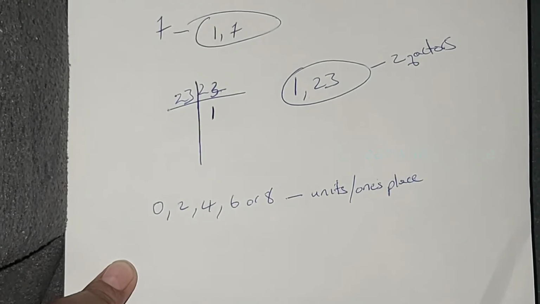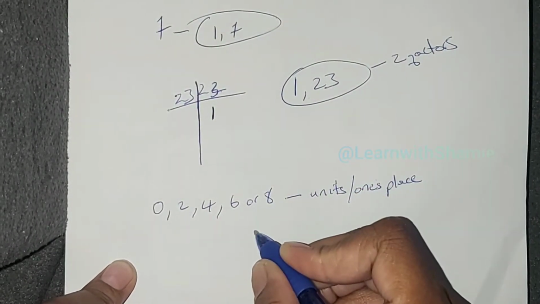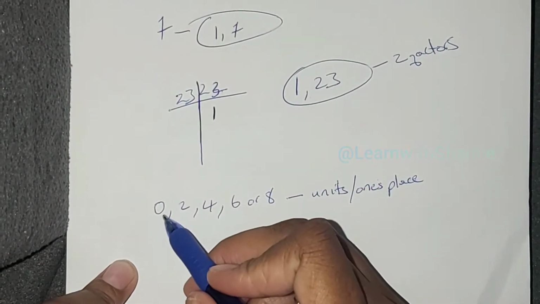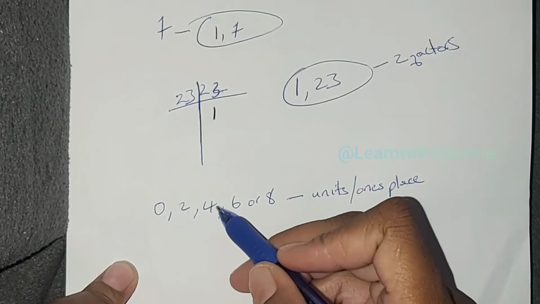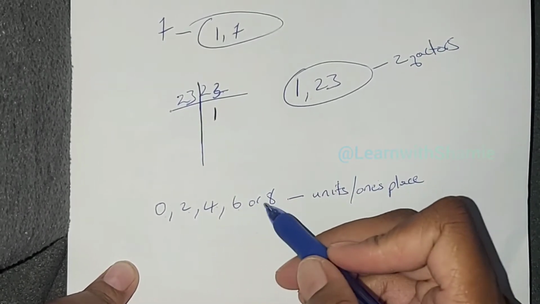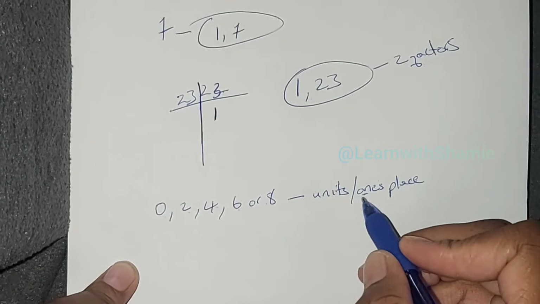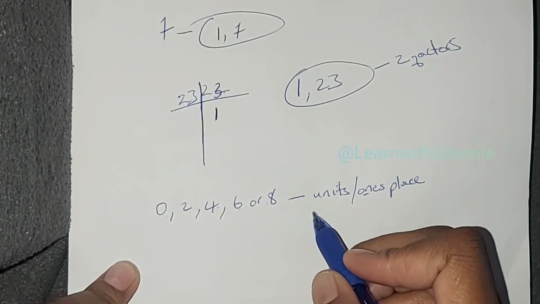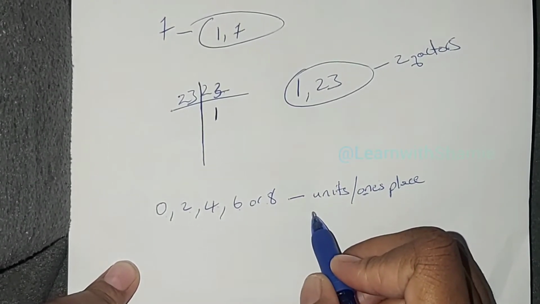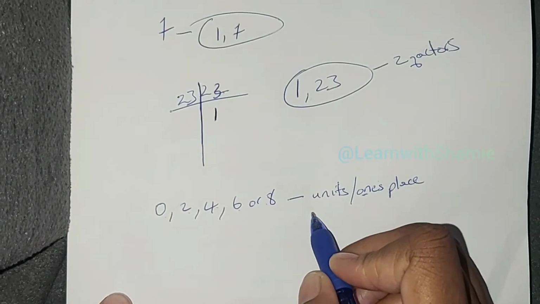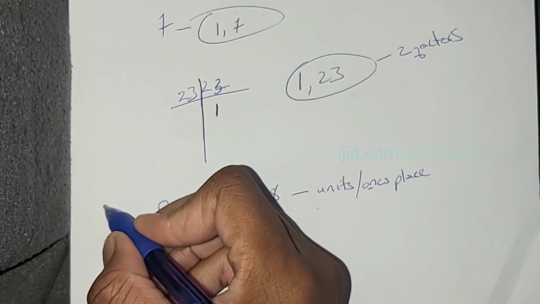So if you have a figure that consists of a 0, 2, 4, 6, or 8 in the ones place, then the number or figure is not a prime number. That is the first step.